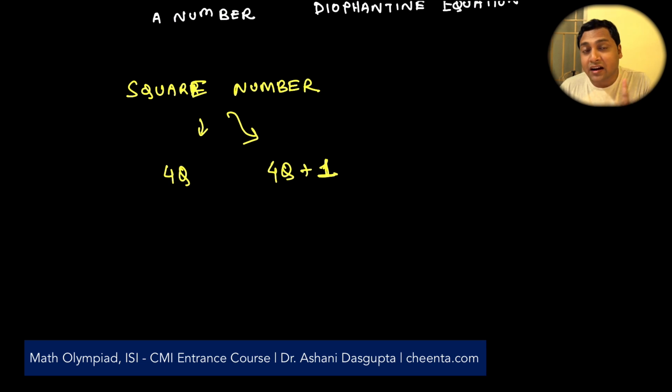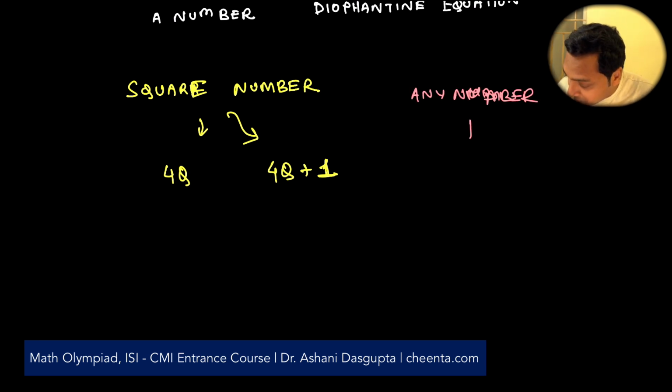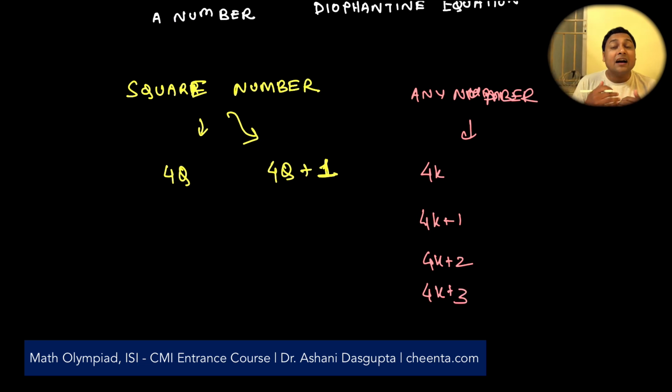Remember, if you divide a number by 4, the possible remainders are 0, 1, 2, and 3. Any number can be written in the form 4k or 4k plus 1 or 4k plus 2 or 4k plus 3. But when it comes to square numbers, we have only these two forms.